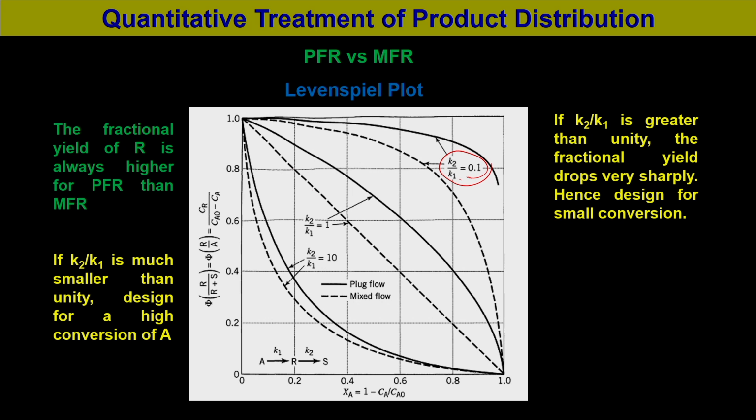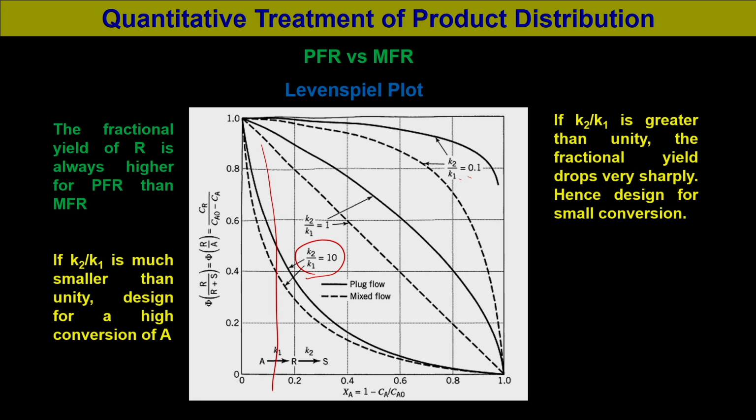If K2 by K1 is greater than unity, the fractional yield drops sharply. Which is the case for K2 by K1 equal to 10. In this case the fractional yield drops sharply in this region with a very small change in conversion. So, we need to design for a small conversion.